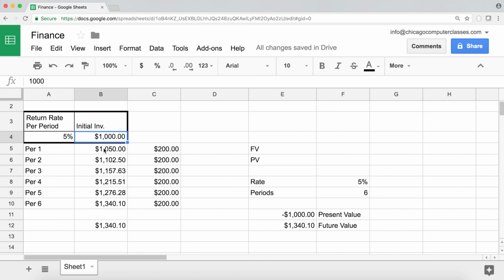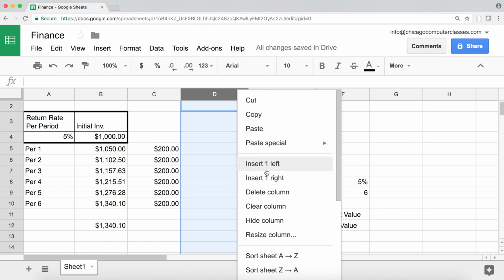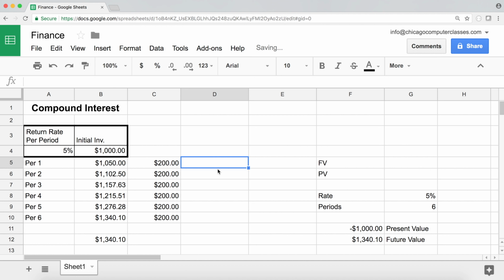So how are we going to do this calculation? We're going to be raising it by a certain percent, right? So let's add another column here. I'm going to say equals, so we're going to take our initial investment and we're going to raise it by that 5%. Right?